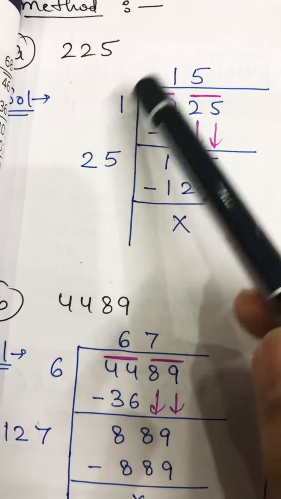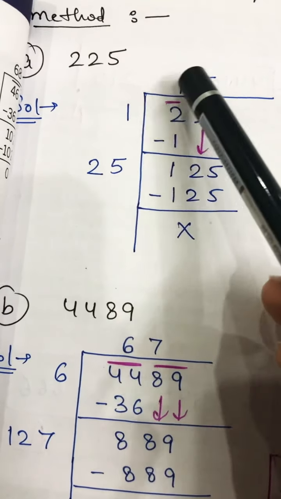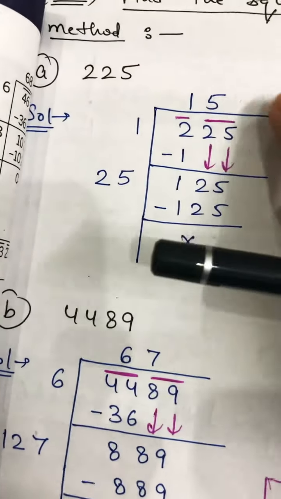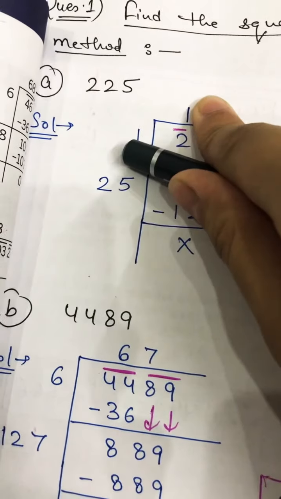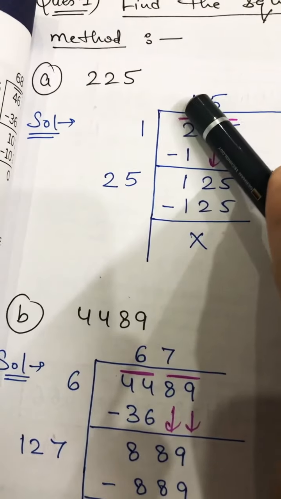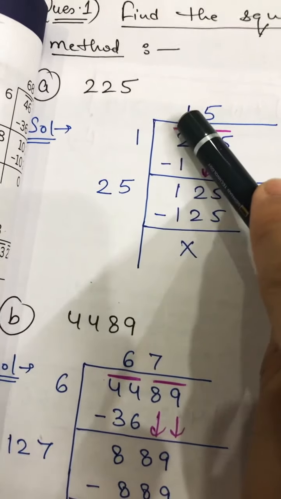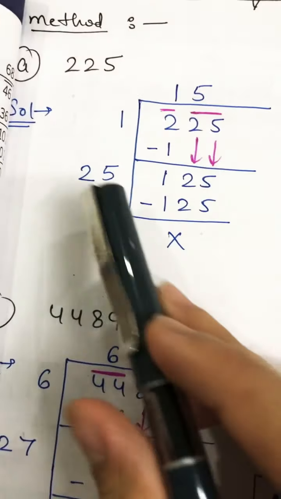First step is 1 ones are 1. Second step is you have to add these 2 digits. Okay, now just leave this 5. 1 plus 1, this 1 and this 1, is equal to 2. You have to add whatever numbers are here. Now 2 is here.